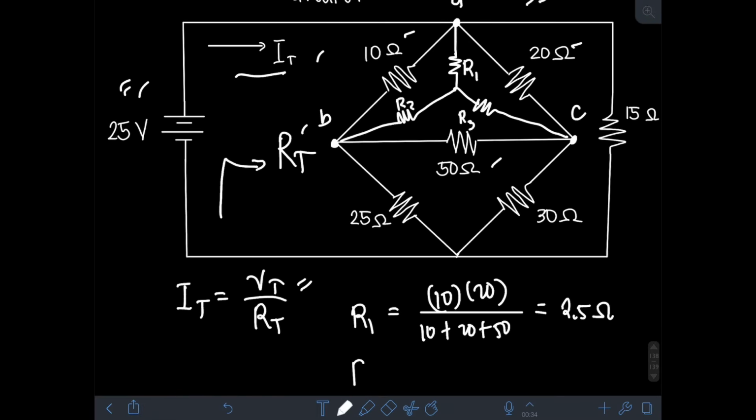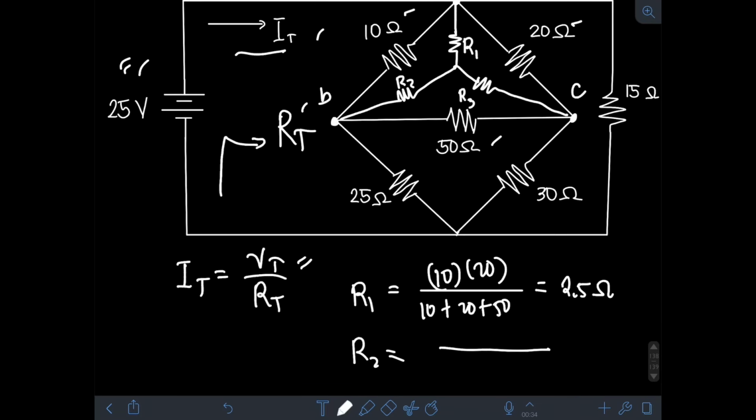Okay? Now, for R2, this time, what are the two resistors adjacent to R2? This is R2, right? So, what are the adjacent resistors? 10 ohms and 50 ohms. So, therefore, the numerator will be 10 times 50 over the sum, 10 plus 20 plus 50. So, using calculator, it is equal to 6.25 ohms.